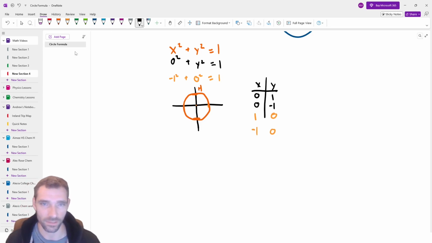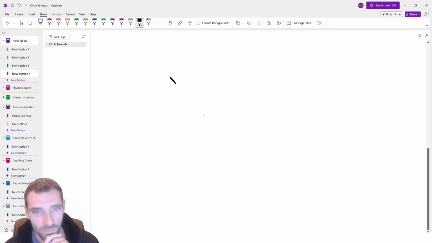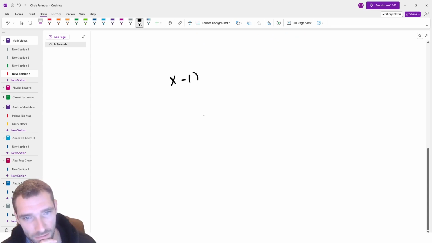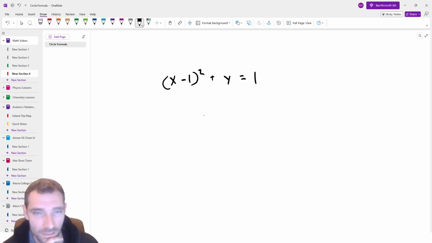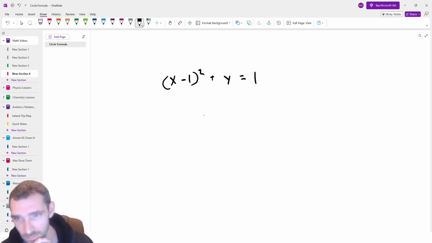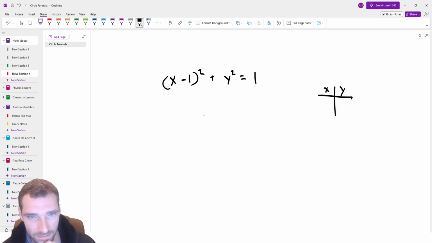You can also do this with some other basic numbers. So if we wanted to look at, say, x minus 1 squared plus y being equal to 1, we've got the same sort of idea where we can plug in some x and y values with the goal of making one of these things be 0 when we square it. That would be great.